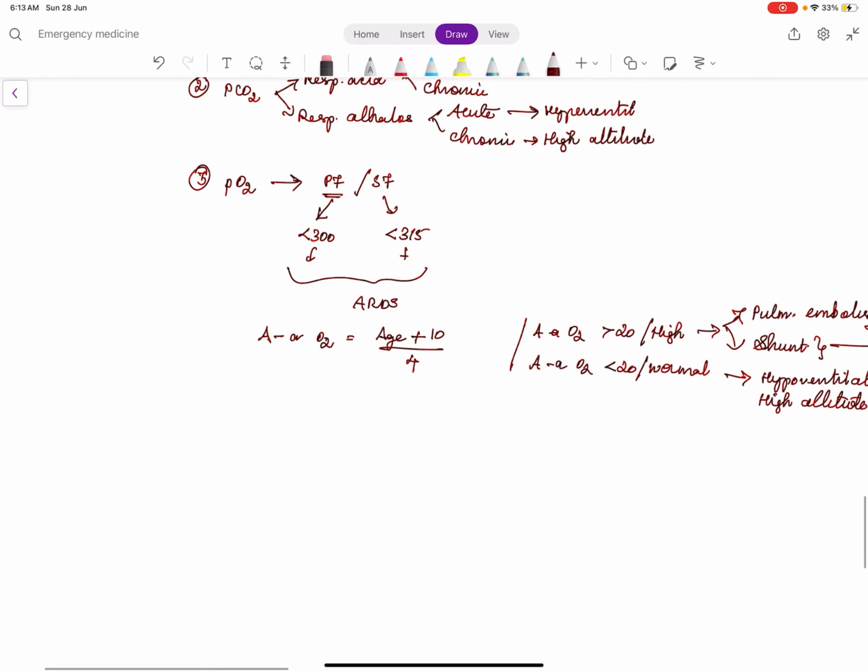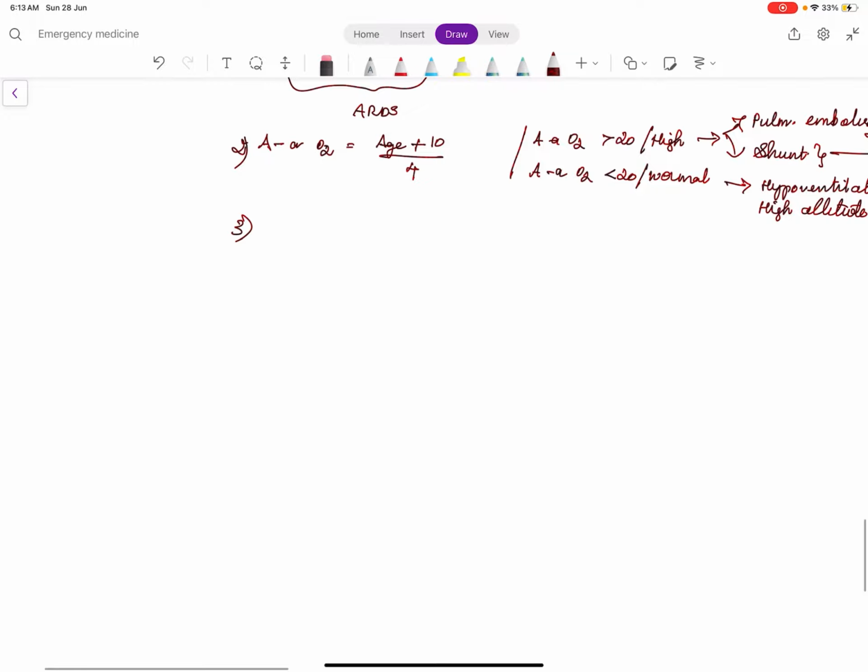So first we saw the PF ratio, second we saw the AA gradient. The third thing to see is the mixed venous oxygen saturation. If mixed venous oxygen saturation is very low, less than 75%, it means peripheral oxygen extraction is very high, for example in conditions like anemia and stagnant hypoxia, that is any case of shock, heart failure, including septic shock.